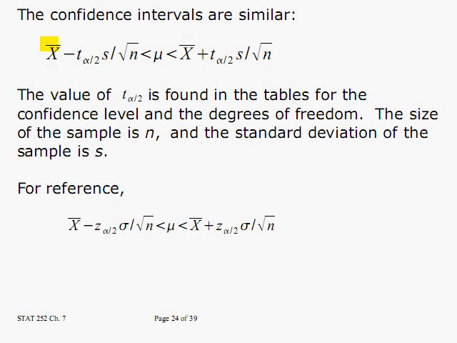You take the mean for your sample, you add or subtract so many standard deviations. Here, this S is the standard deviation for the sample. Here, this sigma was the standard deviation for the population. You divide by the square root of the sample size, same in both cases.